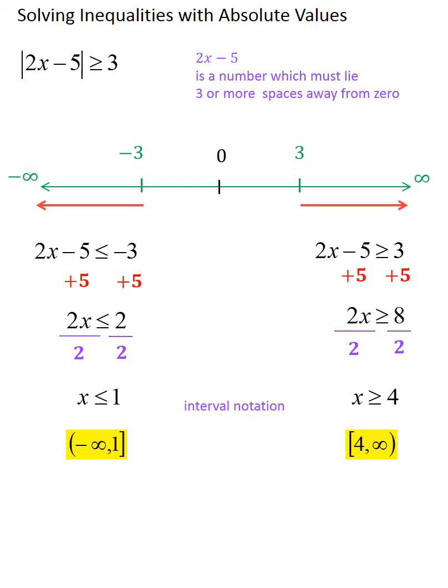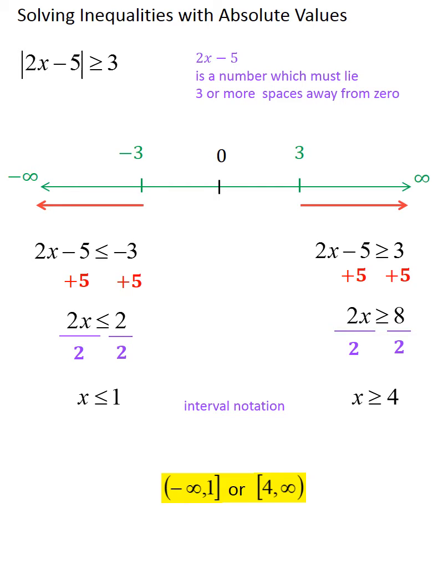Now while we technically could stop here with 2 interval notation answers, it's generally considered proper to put those 2 answers together as if they were a single answer. And with the realization that x could be in either of these intervals, we could write the word "or" in here, meaning that x could be in the left interval or the right interval to make this inequality true.